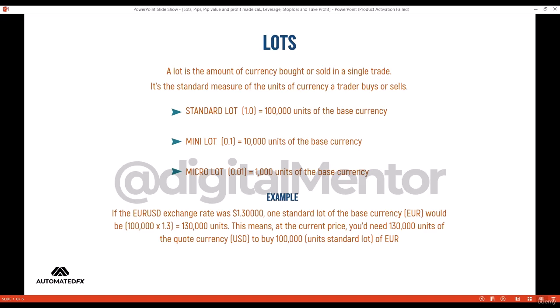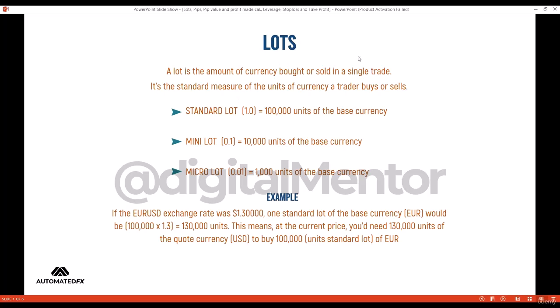Leverage is basically the broker lending you his money to help you facilitate your trades. When you use leverage, you'll be able to buy as much as 100,000 units, which is a standard lot. That's what leverage does.